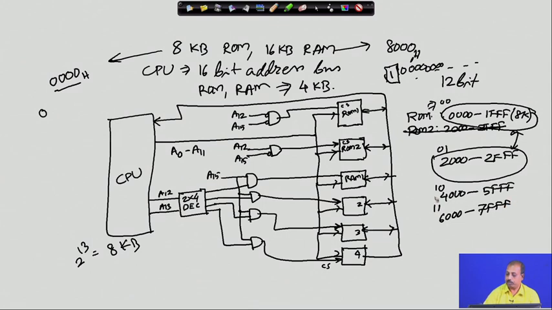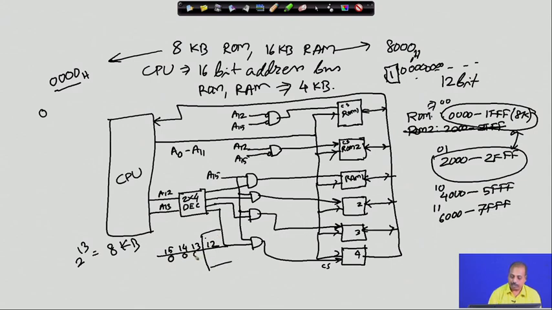How are you getting these numbers 2, 4, 6? If I write the bit numbers 15, 14, 13, 12, the last 4 bits of this address space. Now, for the RAM selection, this bit is always 0. Up to bit number 12, these bits have been utilized in the ROM selection.